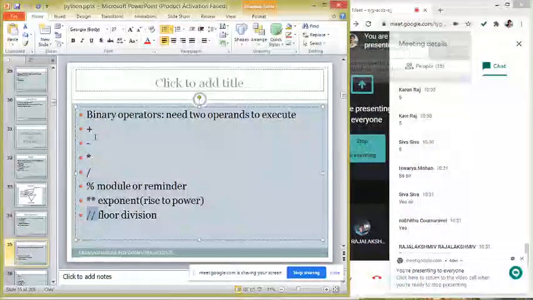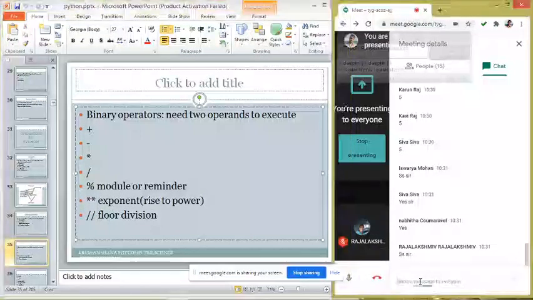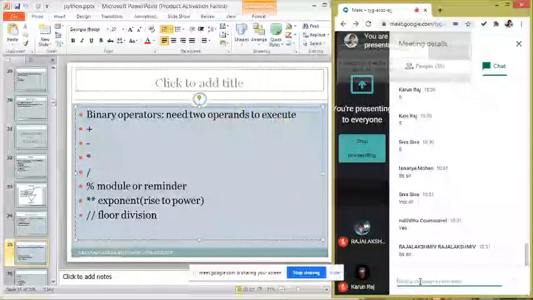So we have learned plus, minus, multiply, divide, modulo, exponent and floor division. Now I'll give you a question that you have to do as homework.